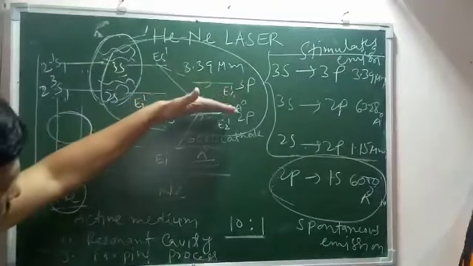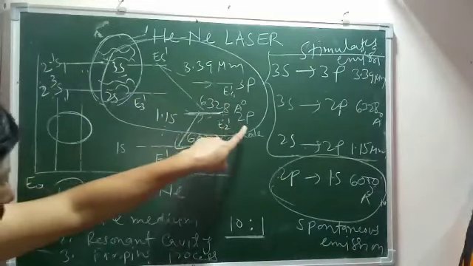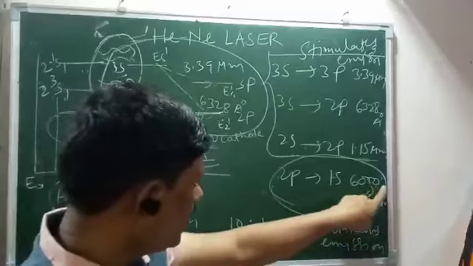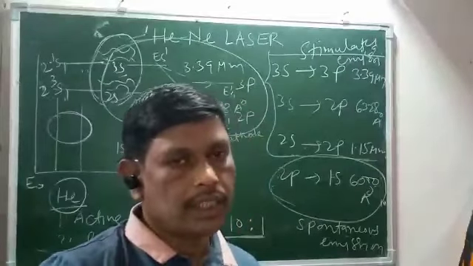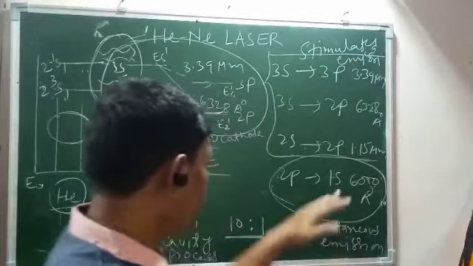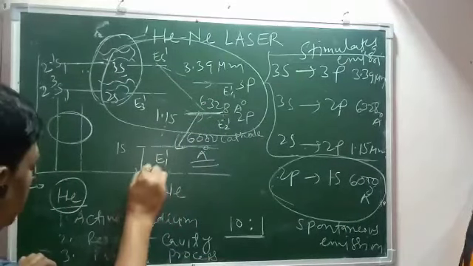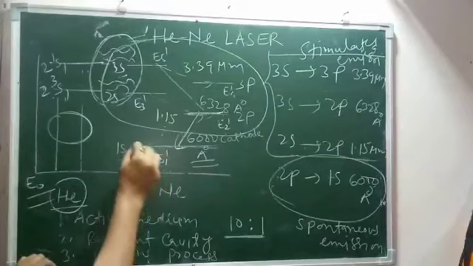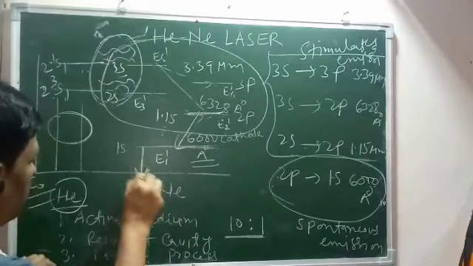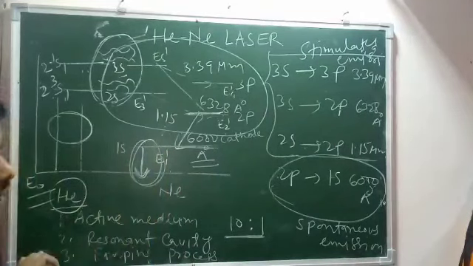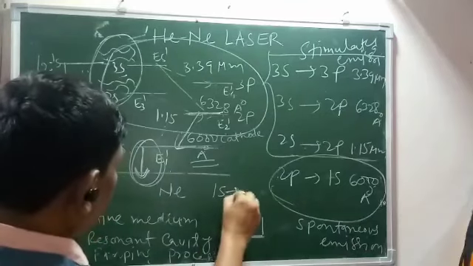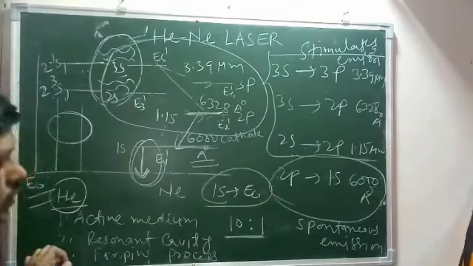Here we can see that 2p to 1s, 6000 angstrom emission can be obtained by the spontaneous process. And from 1s to E0, there is also a transition.